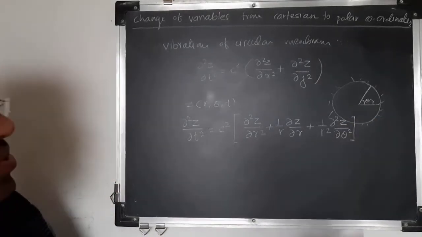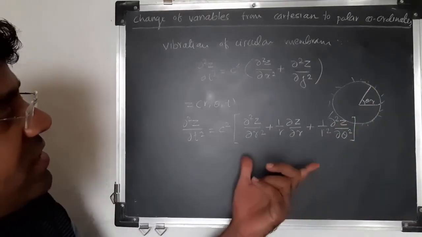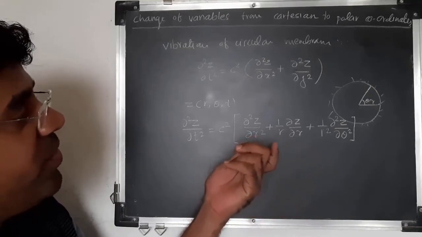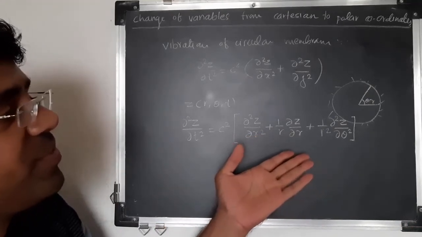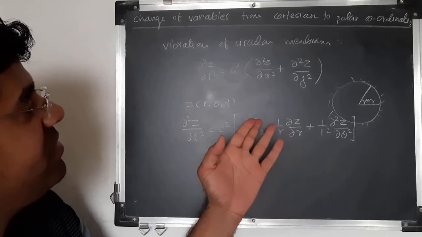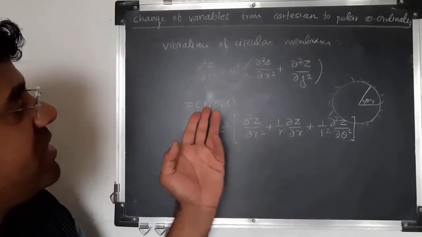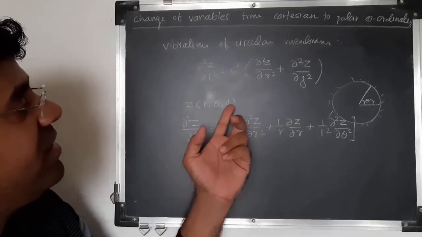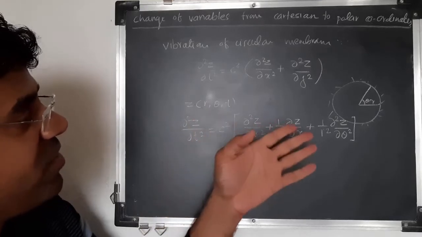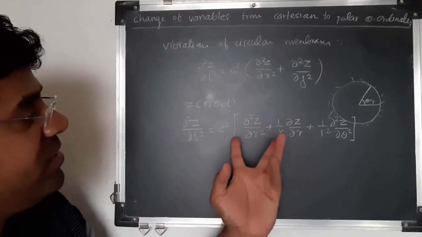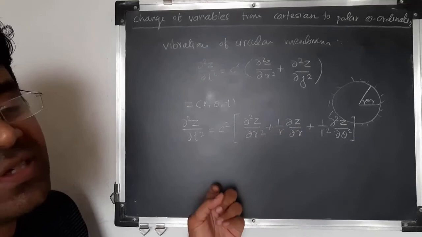The given problem we can solve using the method of separation of variables. z has coordinates r, theta and t, so we put those coordinates in and get one proper solution for this equation.